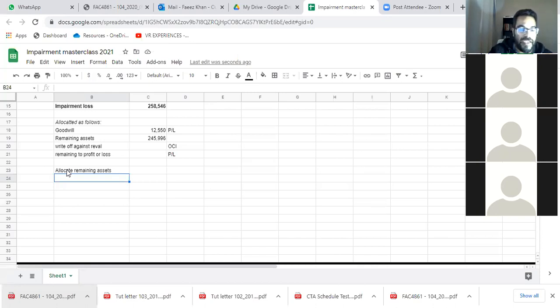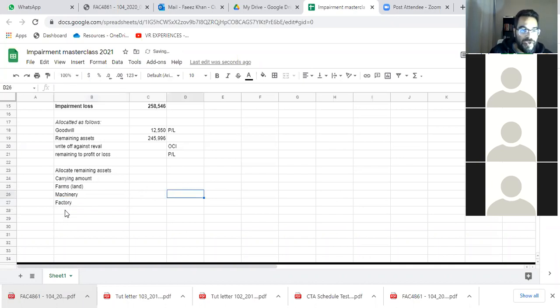So what are the remaining assets? We'll just say carrying amount of assets. The remaining assets were farms, or we can call it the land, machinery, and then what was the other one? Factory.